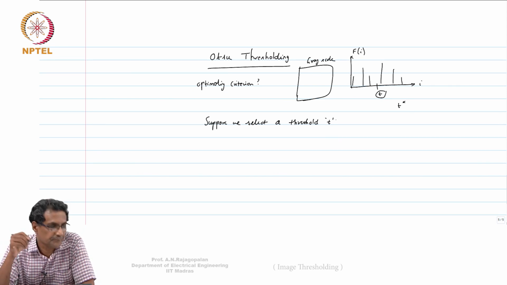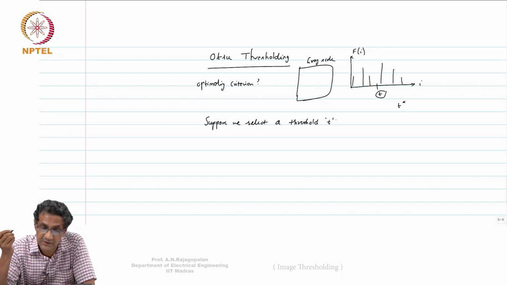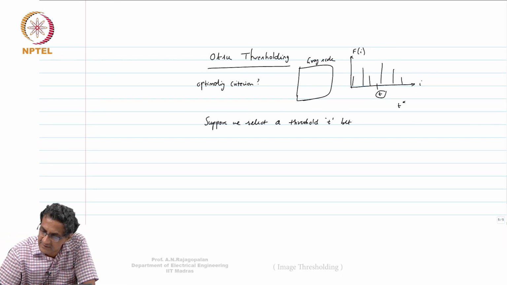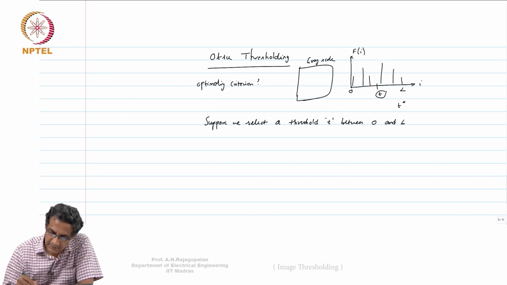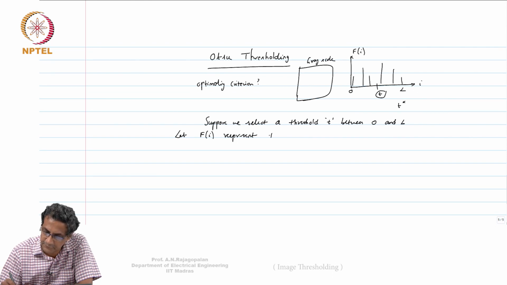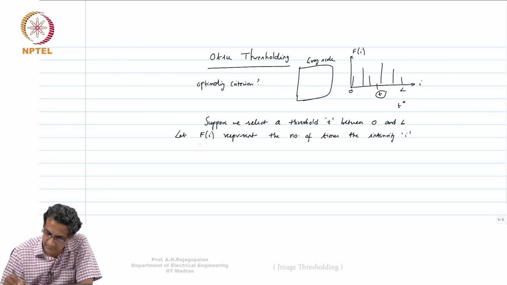Suppose we start with some t, and then we see how to get to t star, which is the optimal t, for intensities between 0 and L. Here is our intensity 0, and let's say the maximum is L. It could typically be 255, but for the sake of generality, we'll say it's L. Let f of i represent the number of times the intensity i occurs in the image.